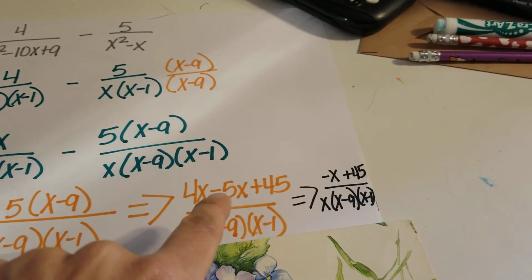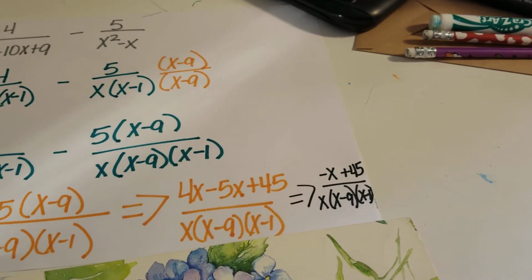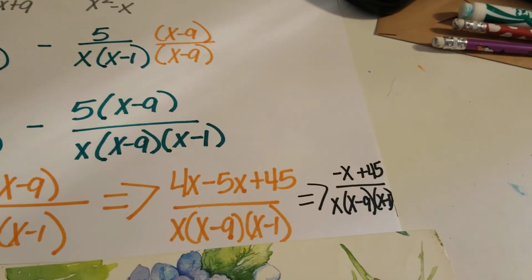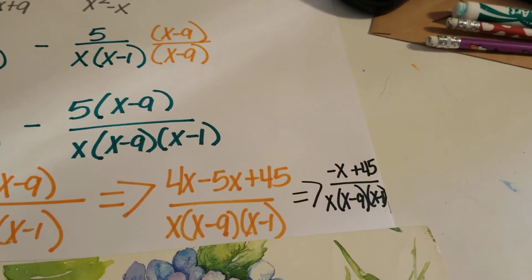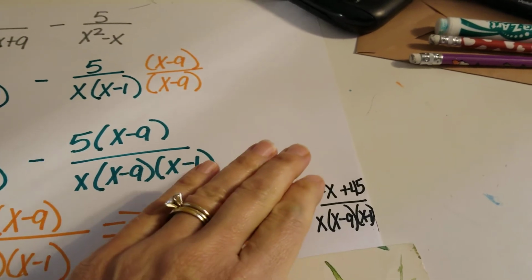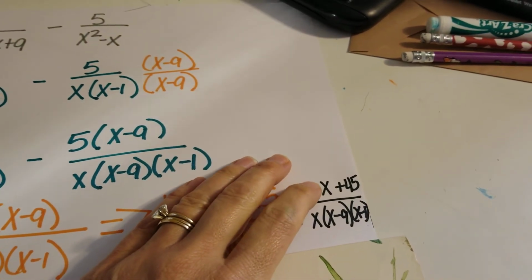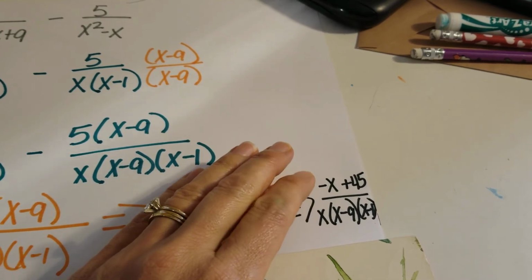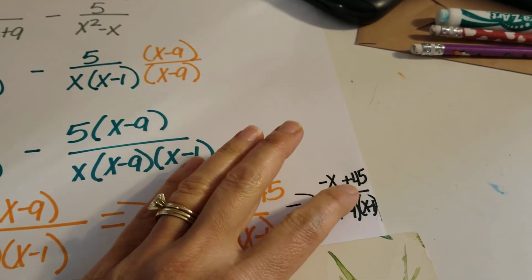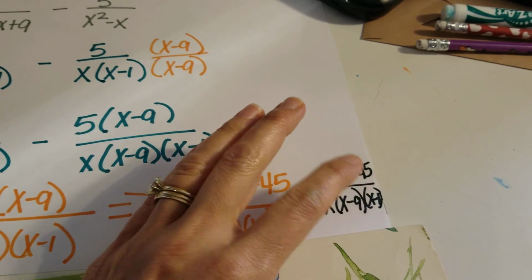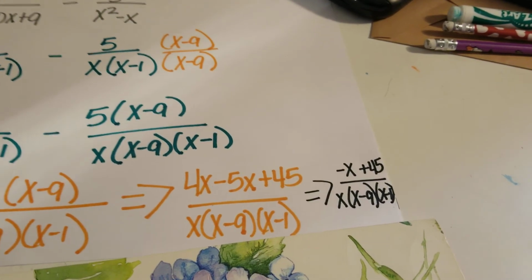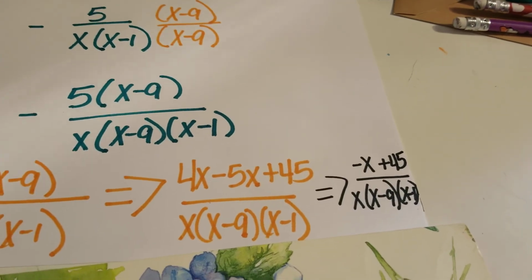All right, so 4x minus 5x is negative x plus 45 over my factored x minus 9, x minus 1. Now, for any people who are feeling the urge to cancel the x and the x, resist that. In this numerator, that x is not a factor. I cannot cancel it. It is with the 45, okay? So it has to stay like that.